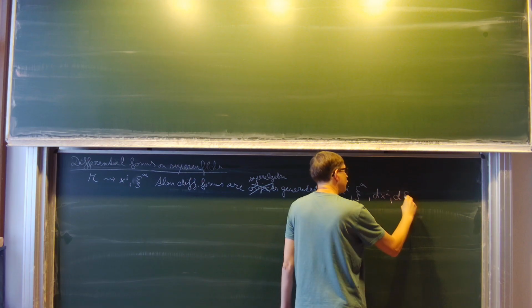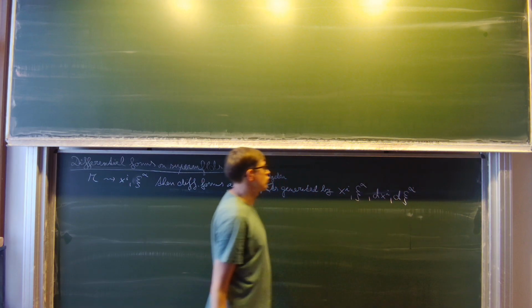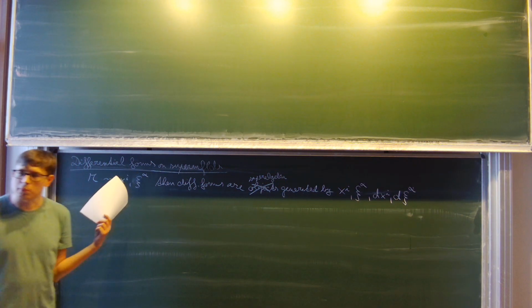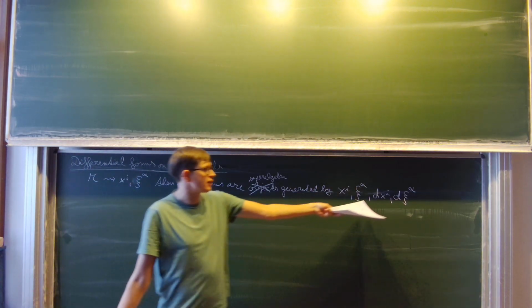You can make this a bit more formal, but we don't need that. Just as before we were throwing in some partial symbols, now I will throw in some d's.